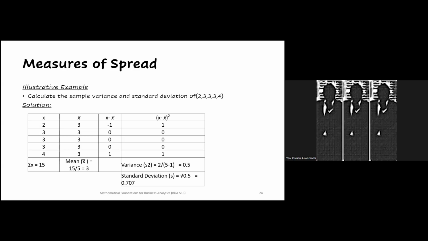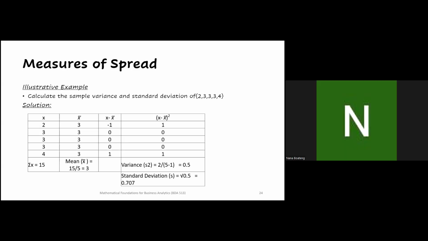So the larger your sample size, the closer your mean is to the population mean. That is why normally in quantitative studies, we want a larger sample size.